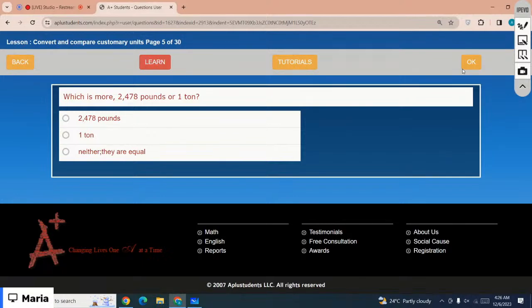Okay, which is more, 2,478 pounds or 1 ton?